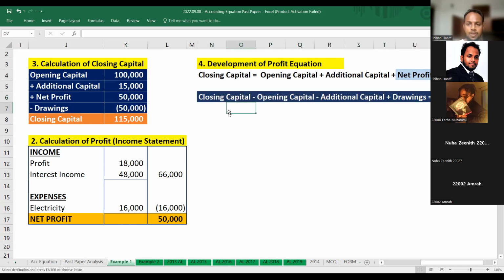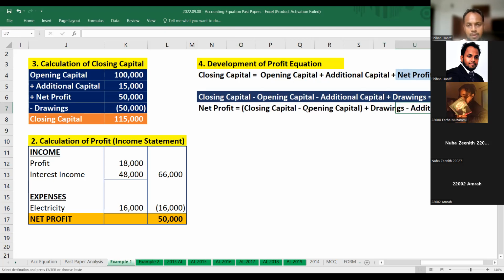So net profit equals closing capital minus opening capital plus drawings minus additional capital.